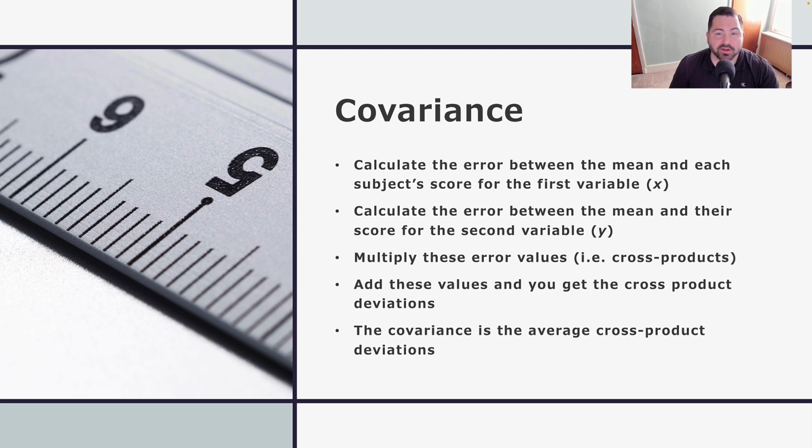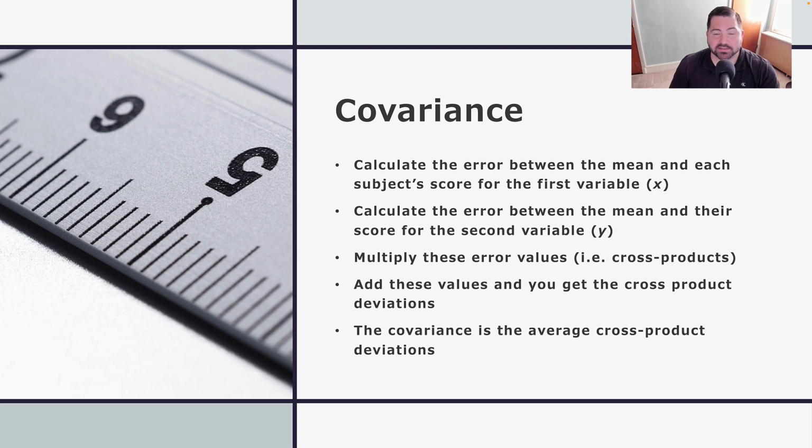And then we're going to do the exact same process for each person's score minus the average score for the second continuous variable, the criterion. And then we're going to multiply the deviance from the X scores by the deviance of the Y scores. And when we do that, we're going to develop a new term called cross products.